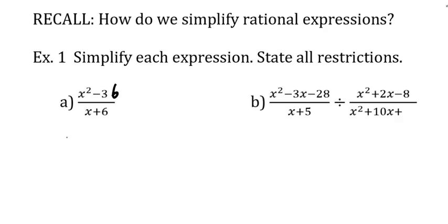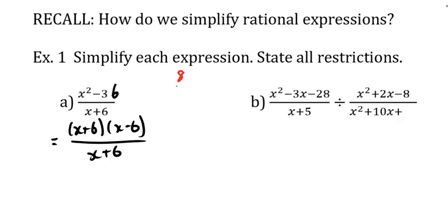So the bottom, there's nothing I can do with it, but the top is factorable. It's the difference of squares. So x plus 6, x minus 6 over x plus 6. And this is just like, as I said with fractions, if I had something like 8 over 4, and I turned it into 4 times 2 over 4, and then I divided the 4's together to give me 1.